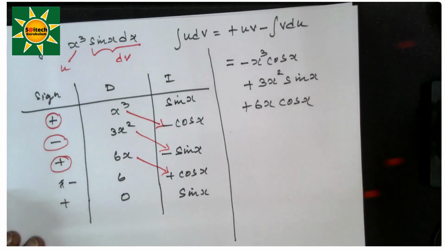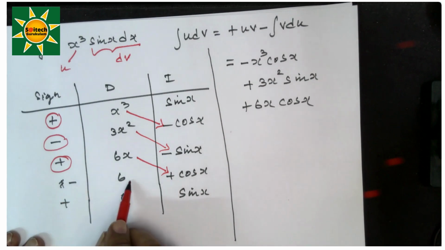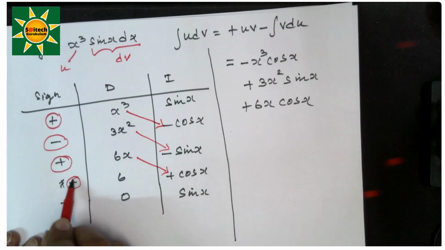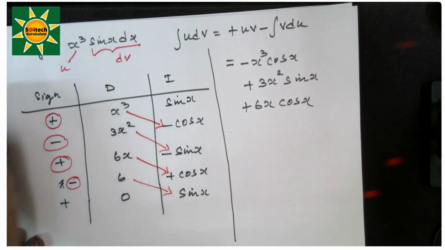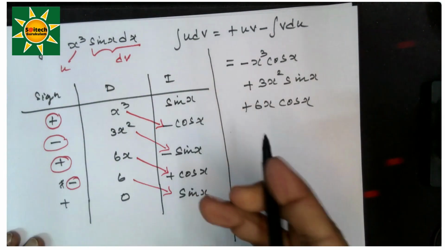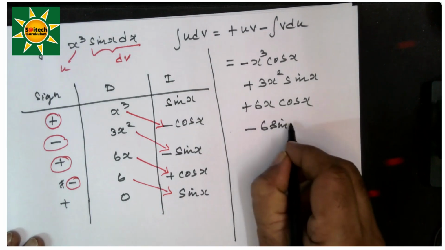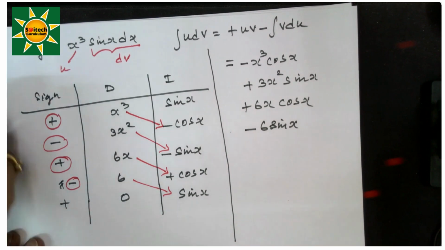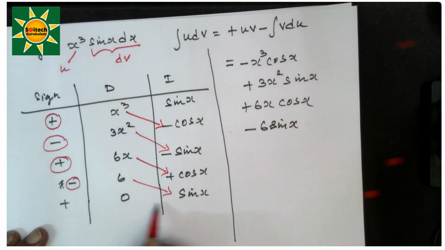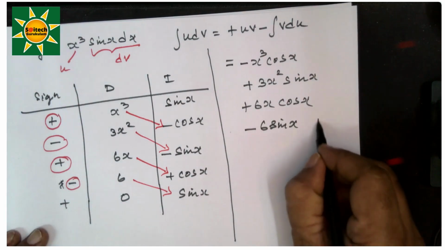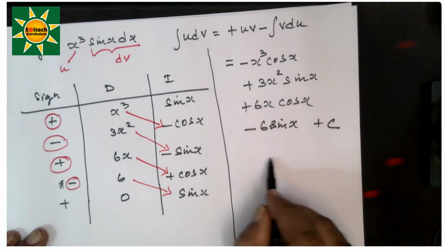Now let us proceed further. This is minus, so 6 sin x, is it not? So minus 6 sin x, and then it is 0, so it becomes 0, so this is constant, so you can put plus c, so this is the answer.